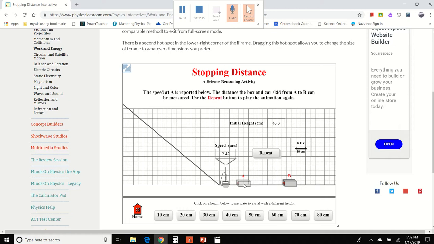So once it ran into the box, it went a distance, where each of these big squares is 10 centimeters. So it went 1, 2, 3, 4, almost 50 centimeters using our key here. I'm using the front of the box as my edge, so I would say maybe 48 centimeters is how far it went.